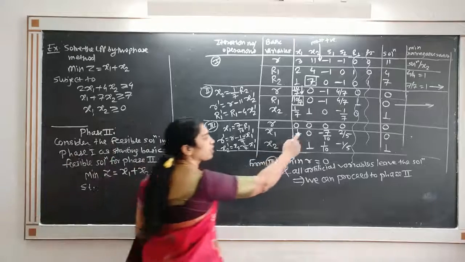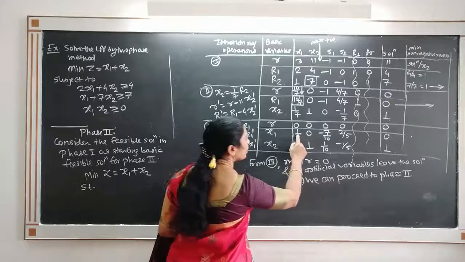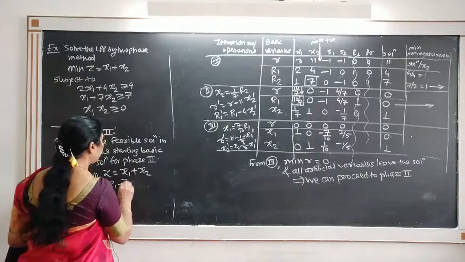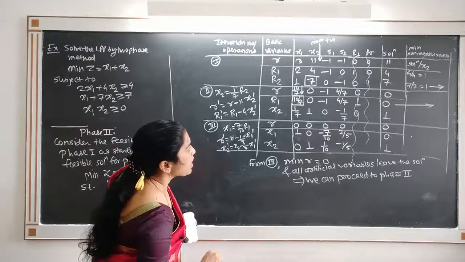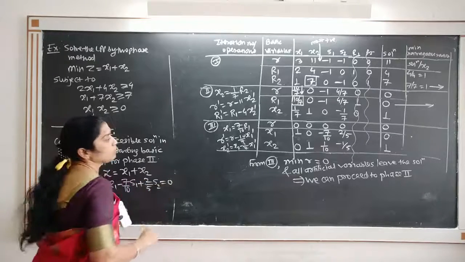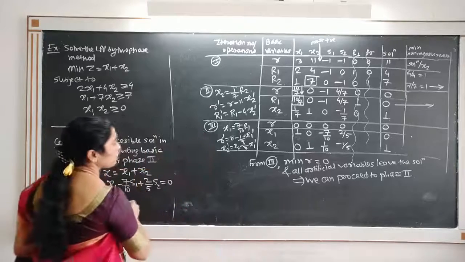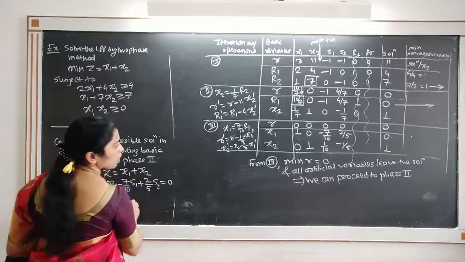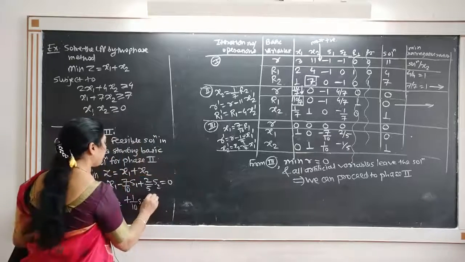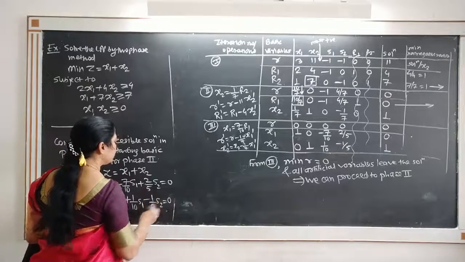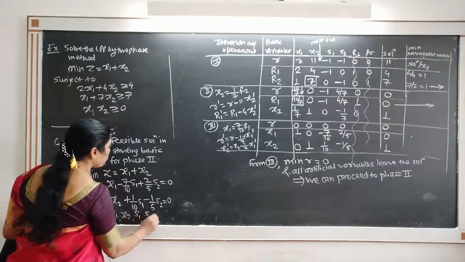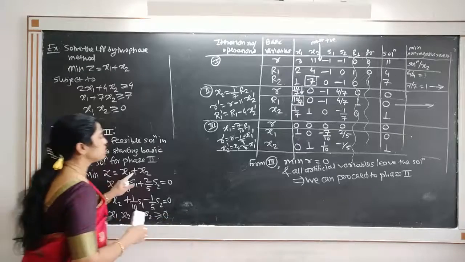What we got in the last phase: x1 minus 7 by 10 s1 plus 2 by 5 s2 is equal to 0, and the second row becomes x2 plus 1 by 10 s1 minus 1 by 5 s2 is equal to 0, with x1, x2, s1, s2 all greater than or equal to 0. So now this is our LPP.